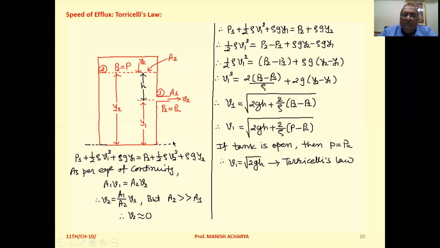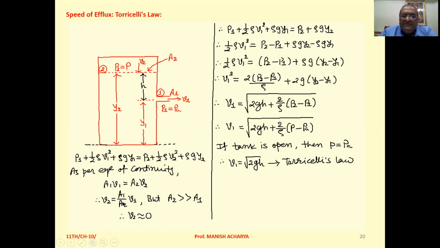Now here the hole is open to air. It implies that pressure P1 is atmospheric pressure. And at point 2, at the surface of the liquid, the pressure P2 we say is pressure P. Now, as per the equation of continuity, we can write A1 V1 equal to A2 V2.